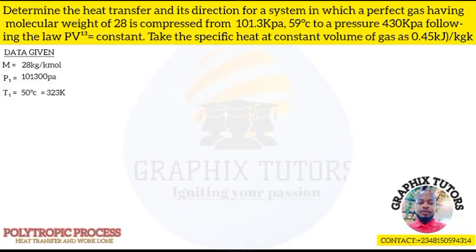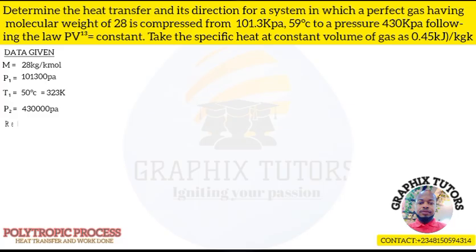Now we'll go to the next one. It says to a pressure, which is the final pressure, of 430 kilopascal. So we use P sub 2, and 430 kilo means 430 times 1000, and that is 430,000 pascal, or Newton per meter square. So we'll move forward.